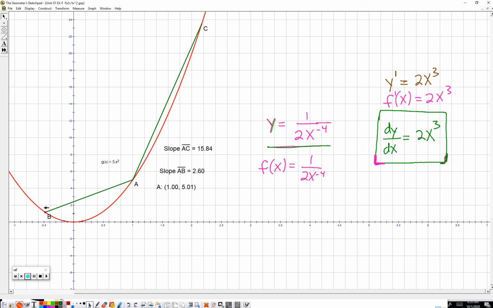Those in-between steps are not tested on the AP test, so I don't feel it's worth our time to spend a lot of time on those intermediate steps. It just takes too long. So it may not feel like we're doing anything with this, but we actually are. We're coming up with an equation, we're finding the slope, and it is found using this method. You're just missing the intermediate steps.